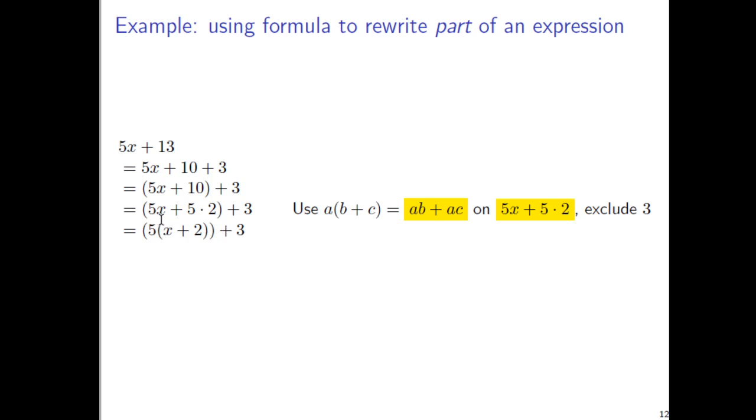But then this 5 times x plus 5 times 2, it looks like what's in the yellow box, and it gets rewritten in the format a times quantity b plus c as 5 times quantity x plus 2. Finally, there is one set of parentheses that we can just remove without changing the value and doing anything else procedurally. So in the end, we have 5 times quantity x plus 2, close parentheses, plus 3. So 5x plus 13 is equal to 5 times quantity x plus 2, close parentheses, plus 3.